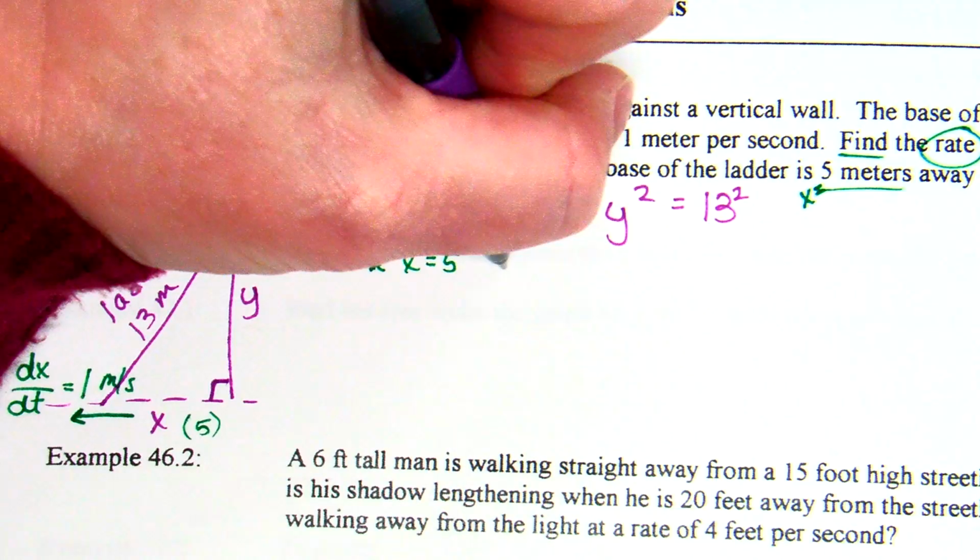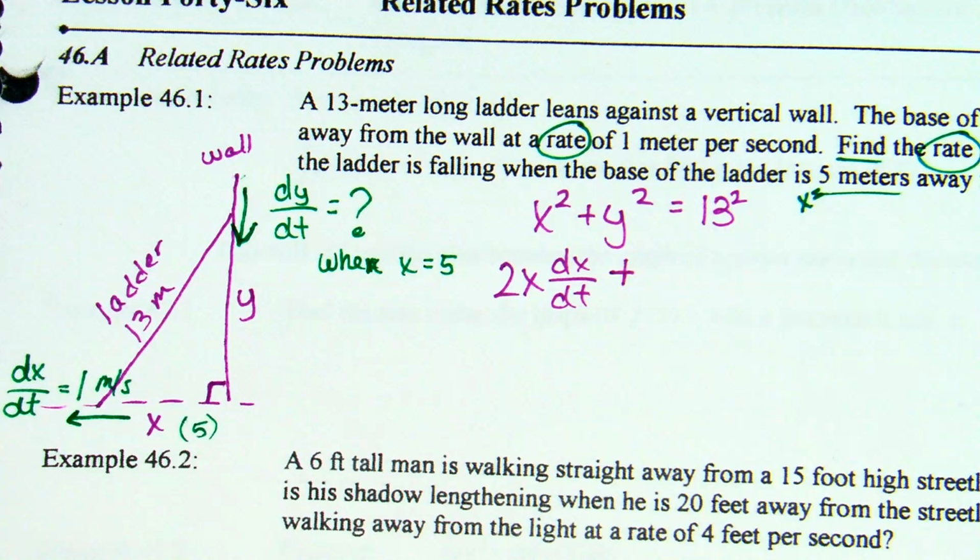A lot of times we just use dx in this case because it's in reference to time. Plus derivative of y squared, 2y dy/dt, equals derivative of 13 squared, which is 0, because 13 squared is a number, right? Derivative of a constant is 0.